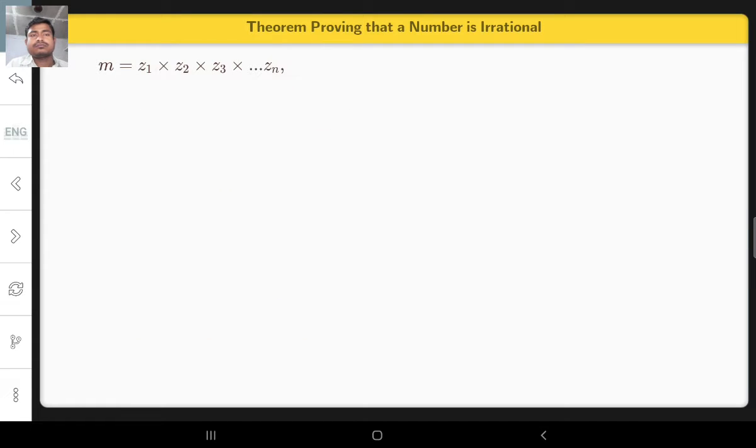Let m be equal to the product of z1, z2, z3 and so on up to zn, where z1, z2, z3 and so on up to zn are unique primes according to the fundamental theorem of arithmetic.